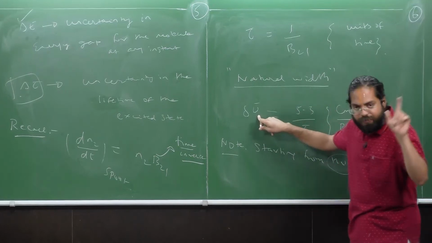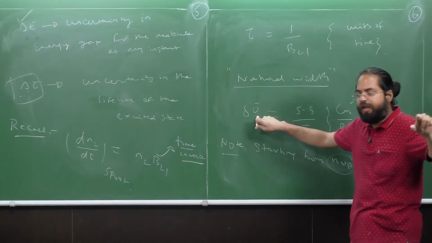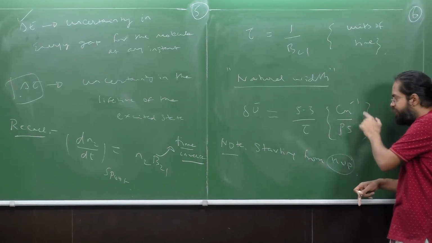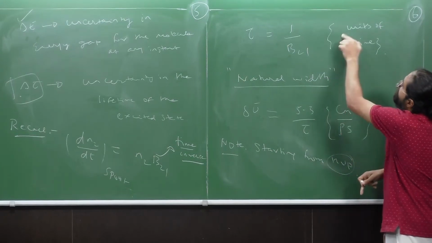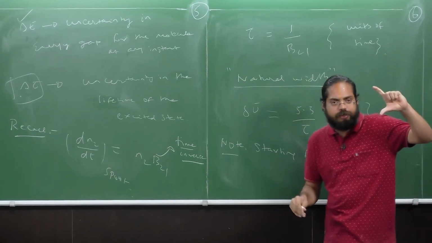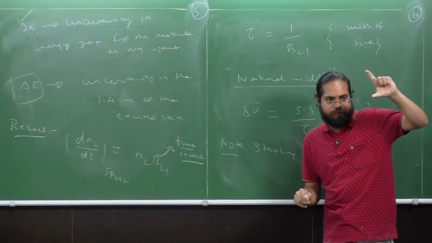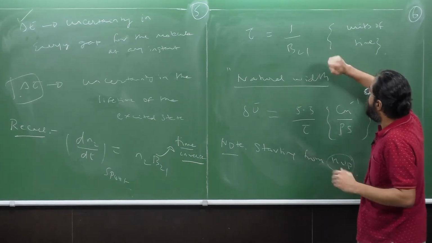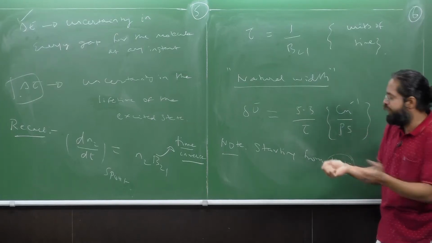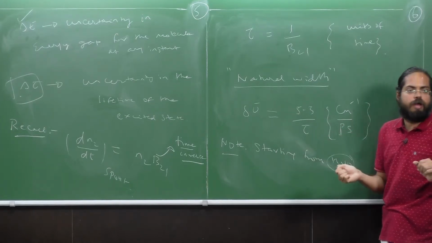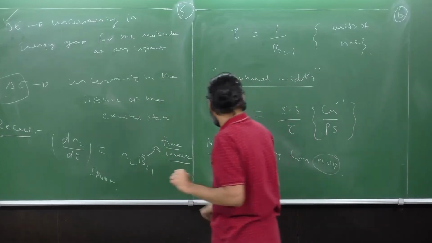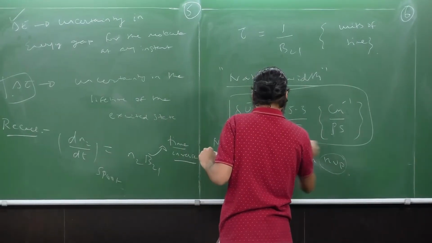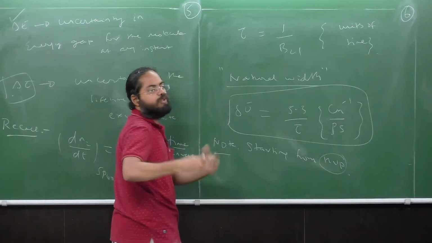Now, this is wave number, which is a reciprocal of the wavelength. So therefore, I get the centimeter inverse. And picosecond is because I have the tau, which is the lifetime of an excited state, that is given by some time unit. It so happens to be picoseconds here. Are we good? So this derivation, we shall be seeing in the tutorials.